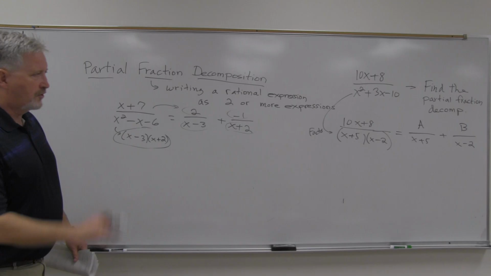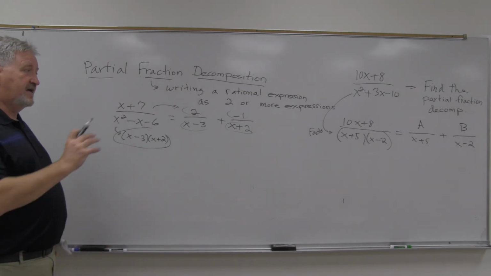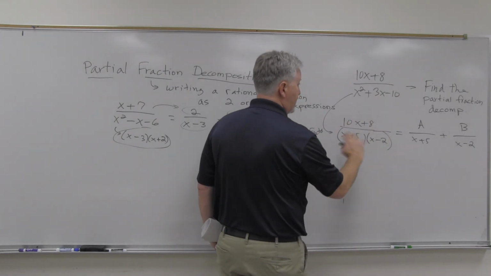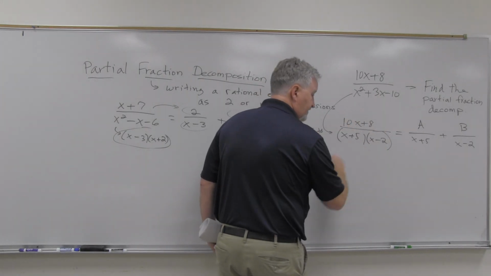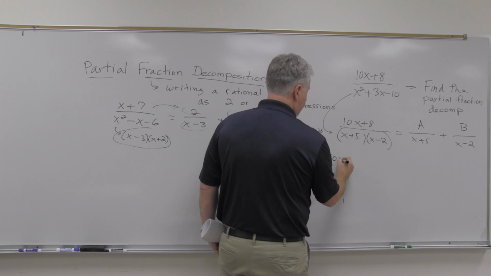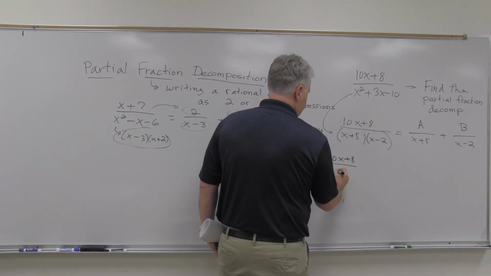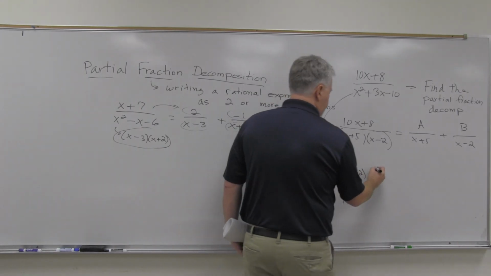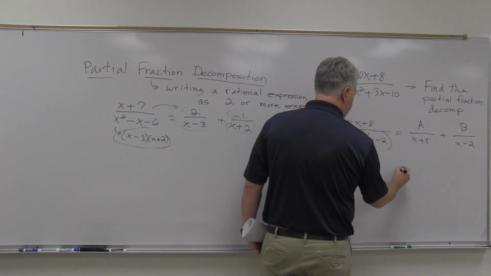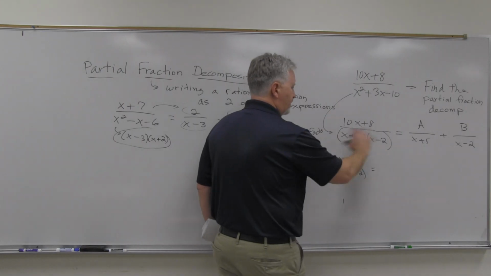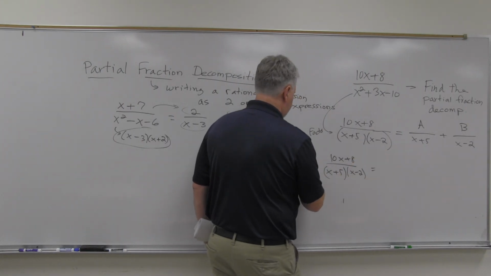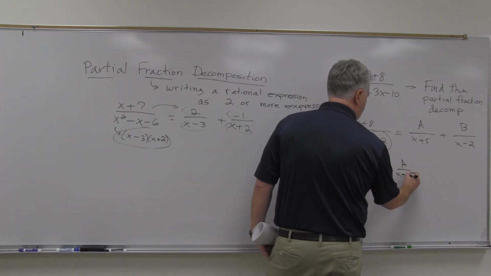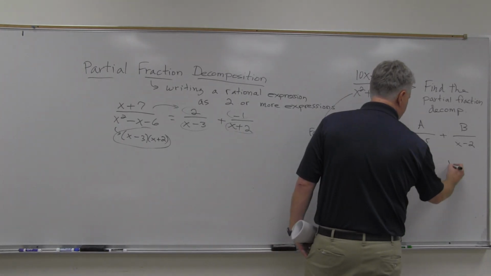All right. To figure out what A and B are, the next step is to multiply both sides by x plus 5, x minus 2. I'll write it as a separate step here. I may forego that next time. Give yourself a little space here in front of these.